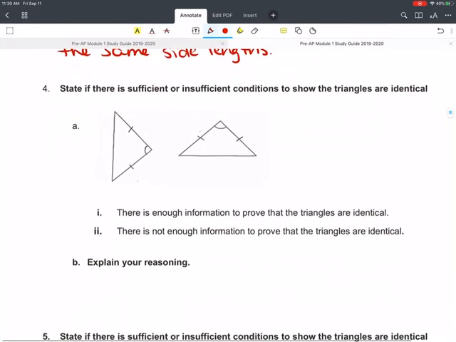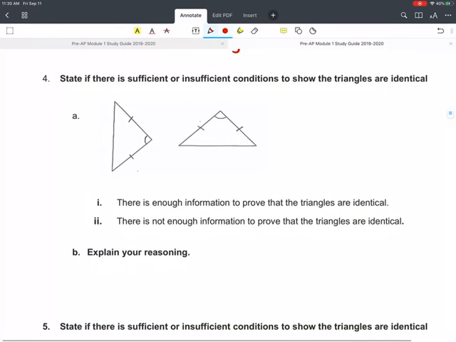All right, number 4 says state if there's sufficient or insufficient conditions to show the triangles are identical, which means is there enough or not enough? So if I look at this first triangle, I can see there are 2 sides and an angle. And the angle is made up from the 2 sides, so this would be a side, angle, side.